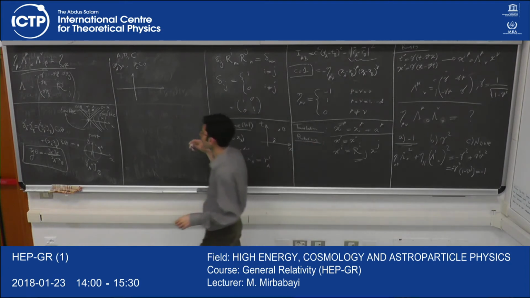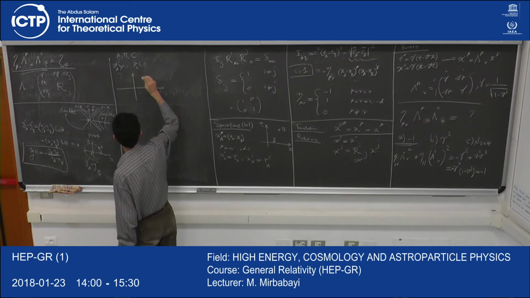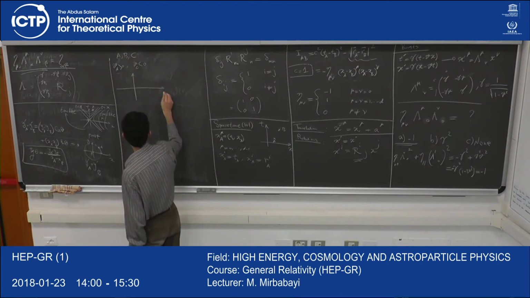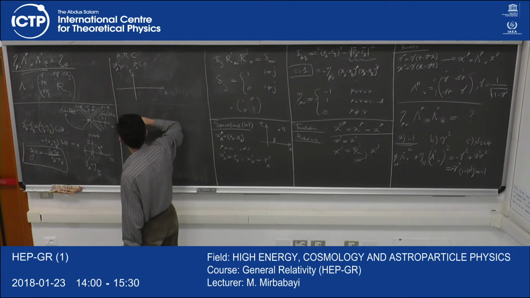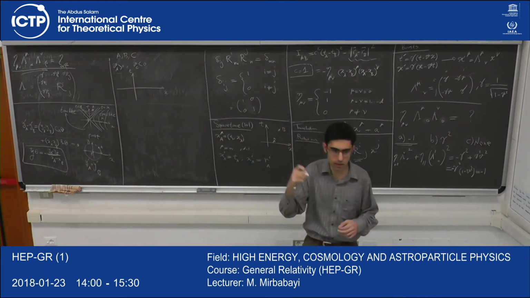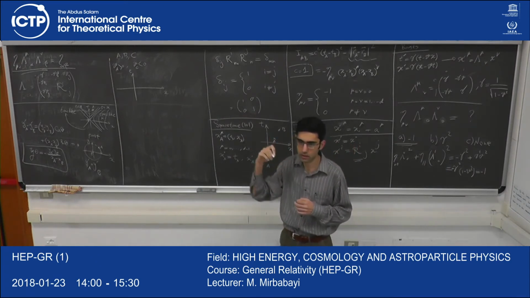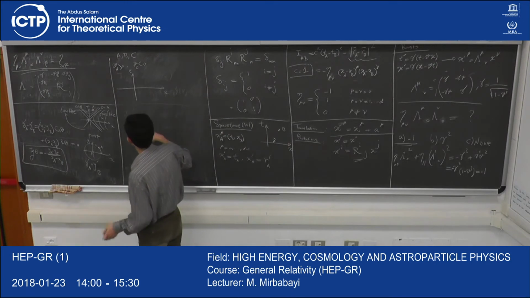So Alice has different positions at different times. But let's talk about Bob. If I look at this two-dimensional space-time diagram, that observer defines a line, a continuum of points in this space-time diagram. And that is called a world line.